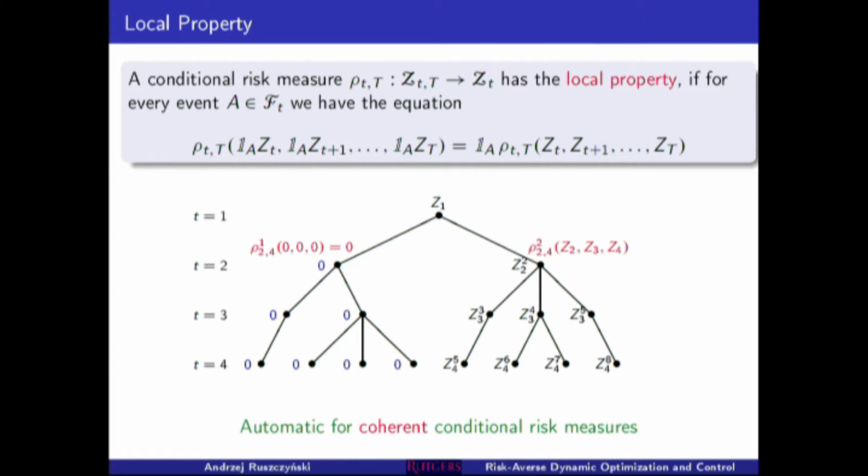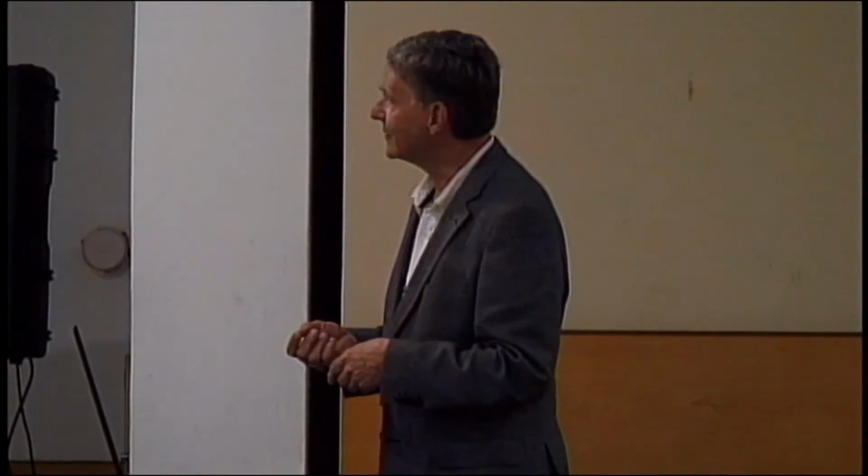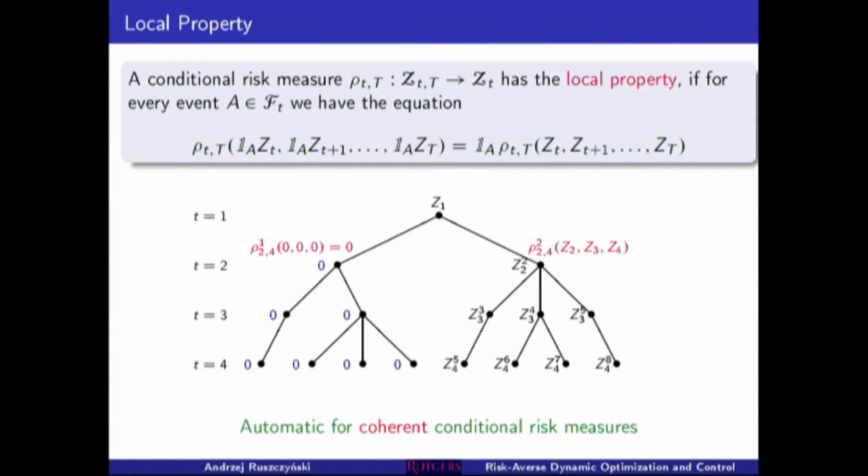If I take a random sequence and multiply it by a characteristic function of a certain event from the current sigma algebra, from the sigma algebra at time t, then such a homogeneity property should hold. Then the risk of this sequence should be the same as the risk of the original sequence multiplied by this characteristic function. So what does this local property actually mean?